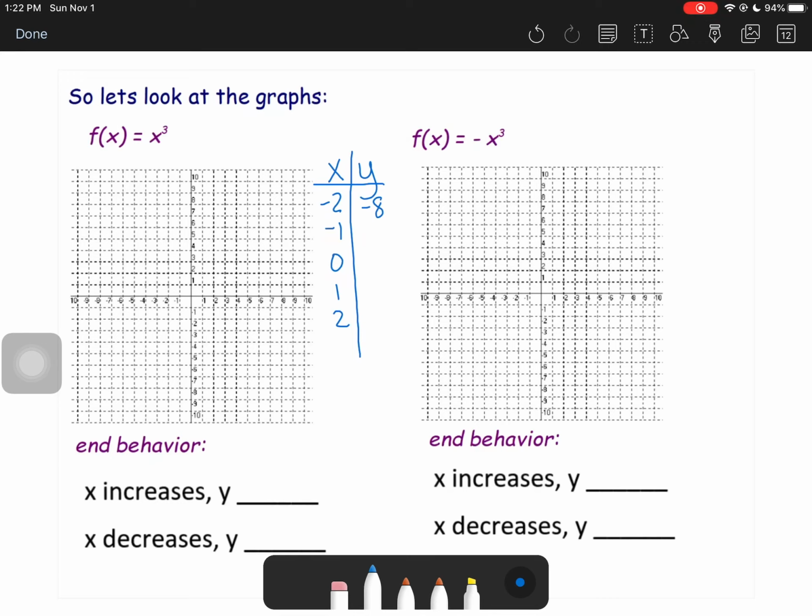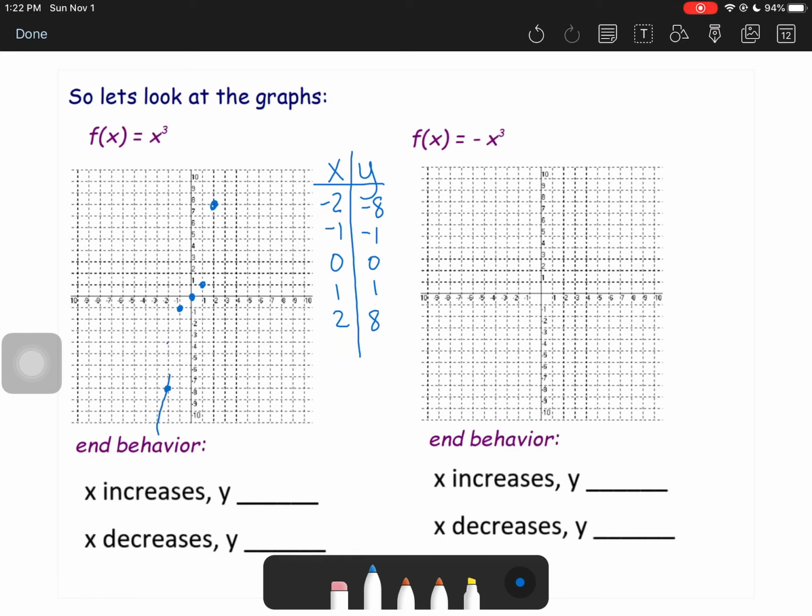When we cube -1, we get -1. Cubing 0, we get 0. Cubing 1, we get 1. And cubing 2, we get 8. So we have (-2, -8), (-1, -1), (0, 0), (1, 1), and (2, 8).